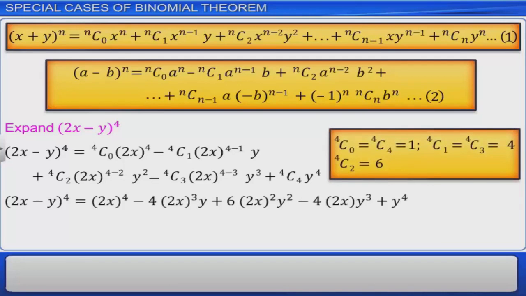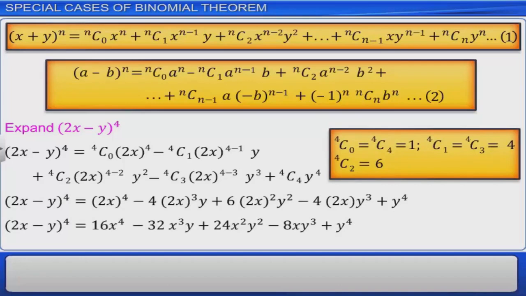Substituting the values of the binomial coefficients and then simplifying, we get the expansion as 16x raised to the power 4 minus 32x raised to the power 3 into y plus 24x square into y square minus 8x into y raised to the power 3 plus y raised to the power 4.